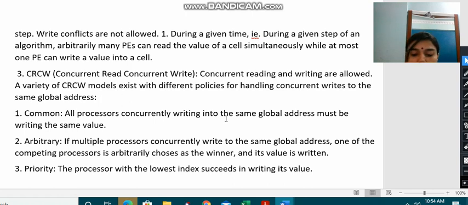Here, among all the processors, we provide a priority, and according to that priority they are able to write into the global memory. If more than one processor wants to write into the global memory, they will write according to their priority. The processor with the lowest index gets the first priority to write into the global memory.